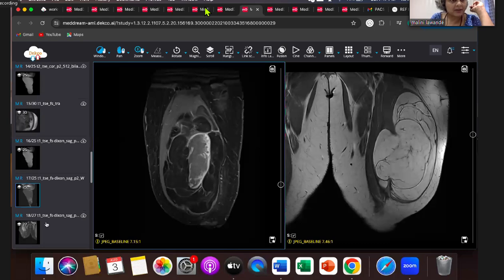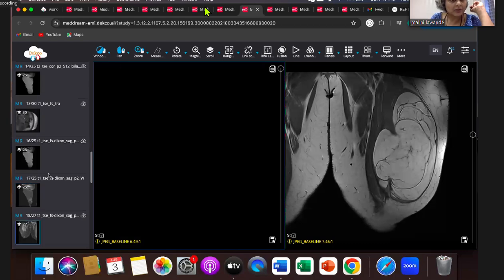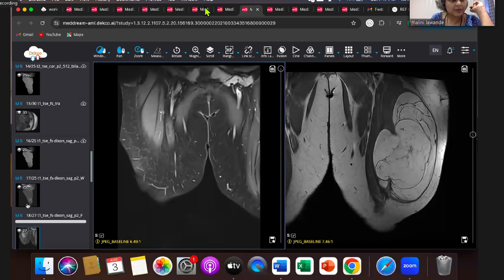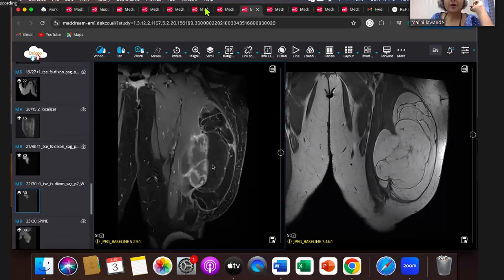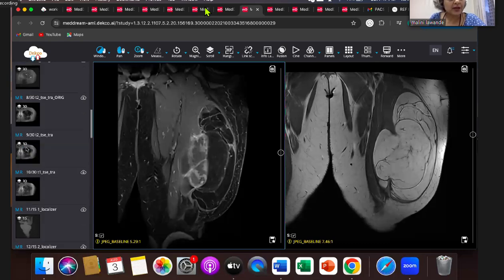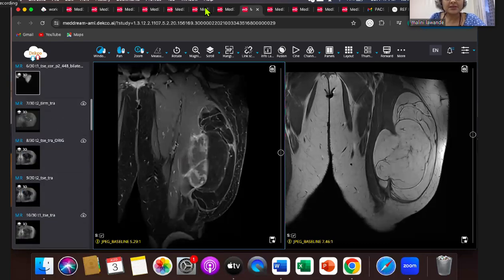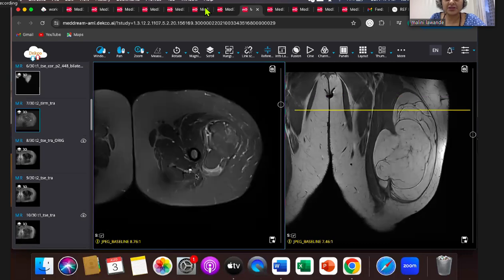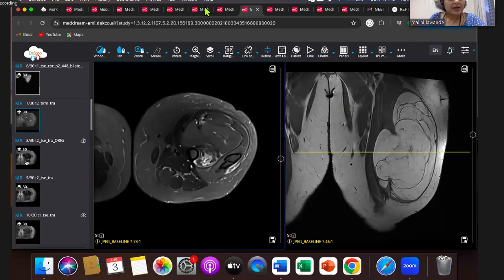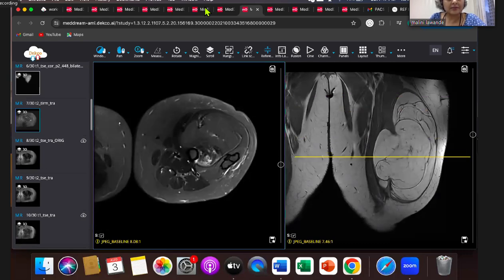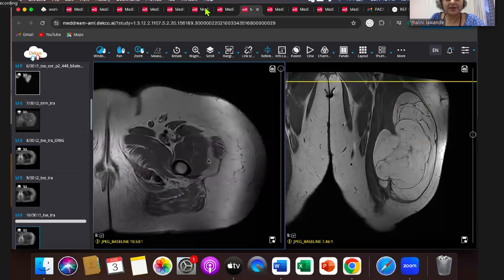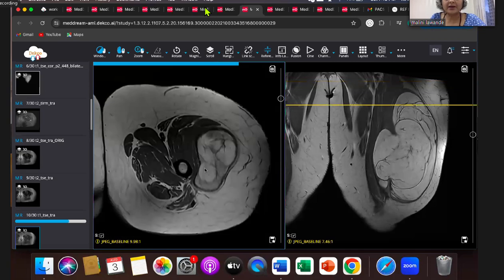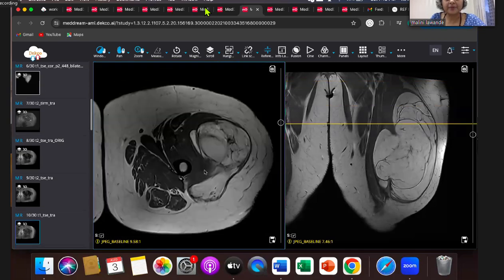Let me get the coronal image. So this is the contrast enhanced image. This is T1 weighted image. Let me show you the axial images. This is the STIR axial images. This is the T2 axial images. Let me show you the T1 weighted image. So this is plain T1.